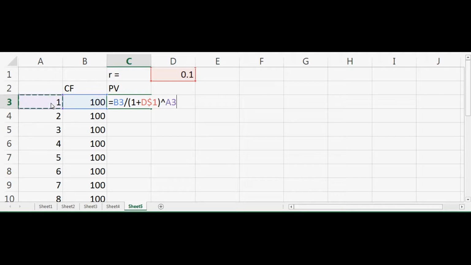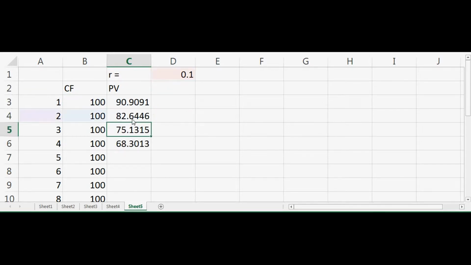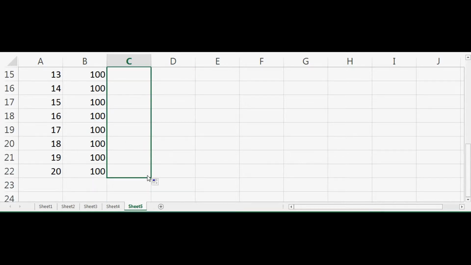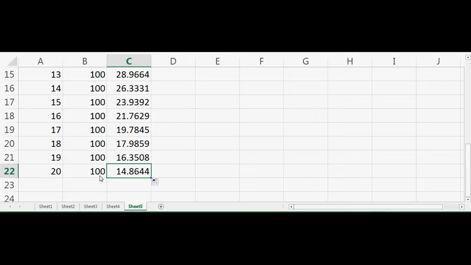For the first year it will be 1, and then for the second year it will change accordingly. As you can see the values are changing, so we can drag it down and see that the $100 we'll receive after 20 years will only be equivalent to $14 received today, right?